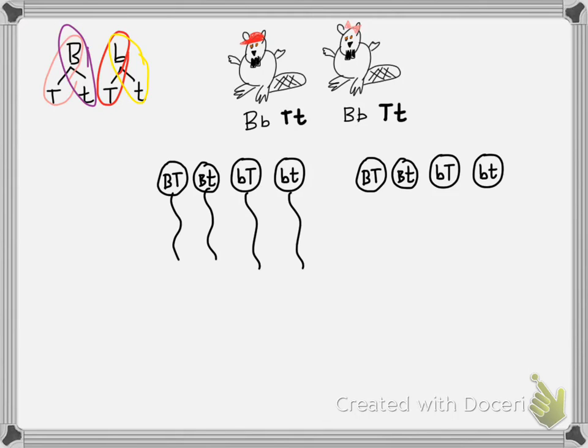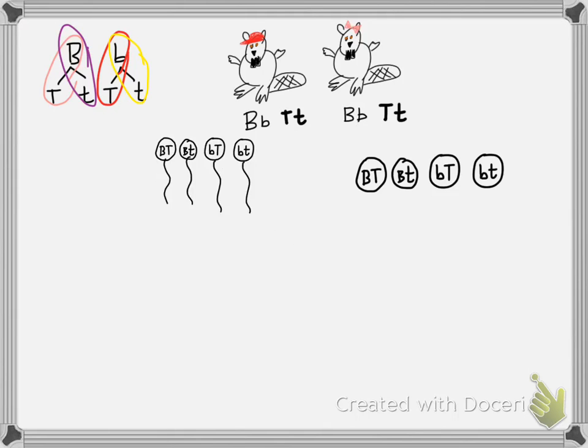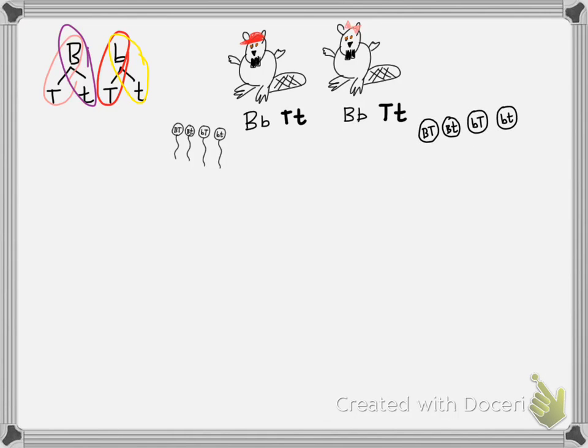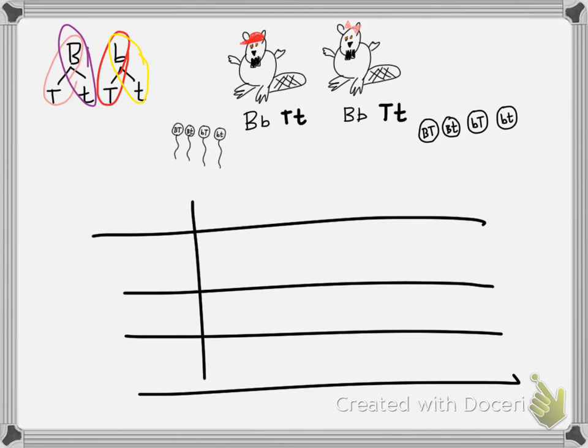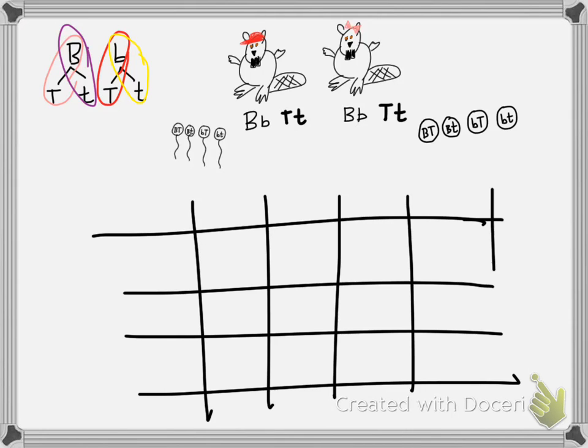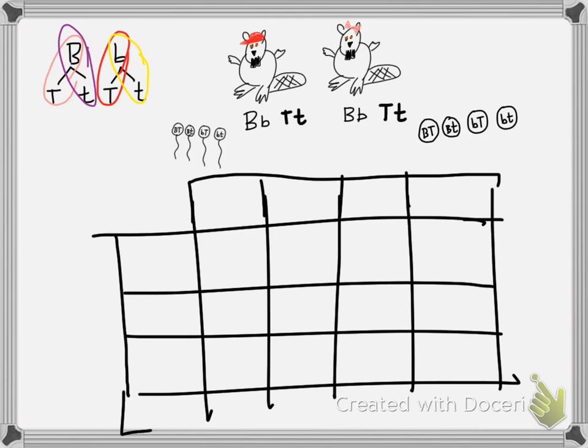Now we're going to cross 2 traits at a time, and it's going to require a larger chart. So I'm going to shrink the eggs and sperm here. And you should be copying this down on the sample page when we get to it. So we have 1, 2, 3, 4. 1, 2, 3, 4. And there is a sample page right on the packet there that I want you to make sure you do this in.